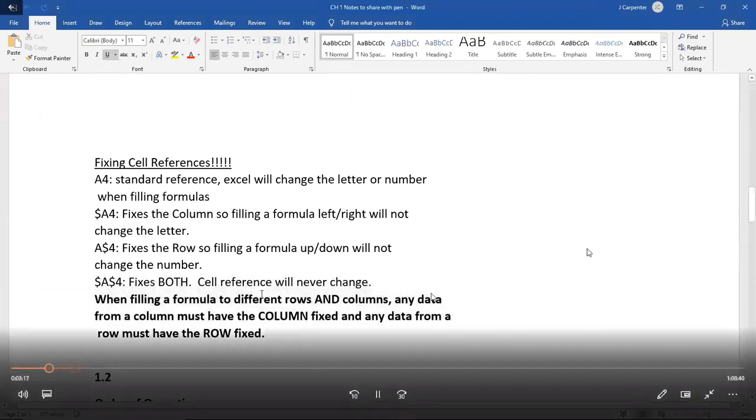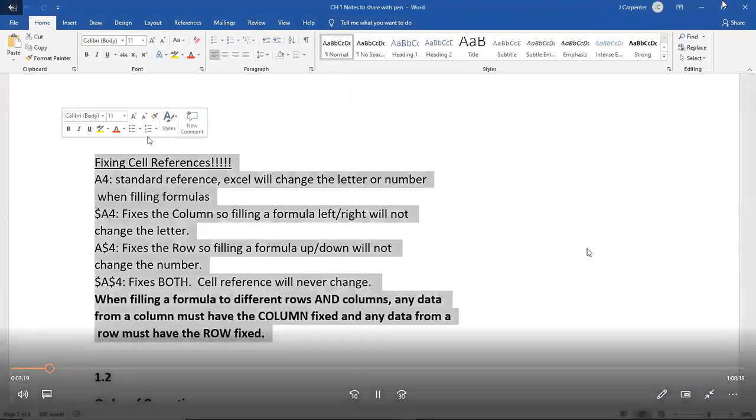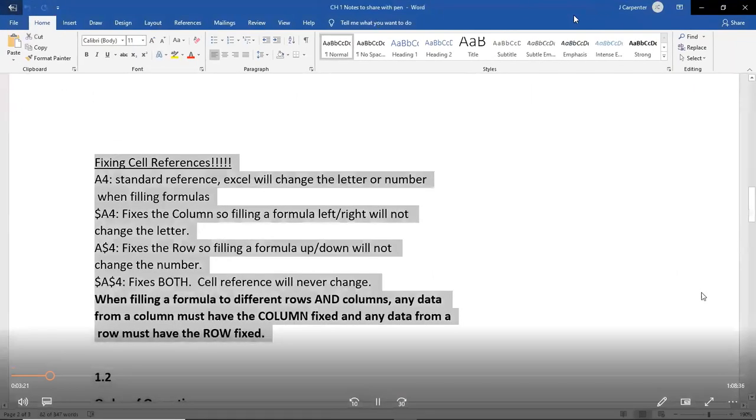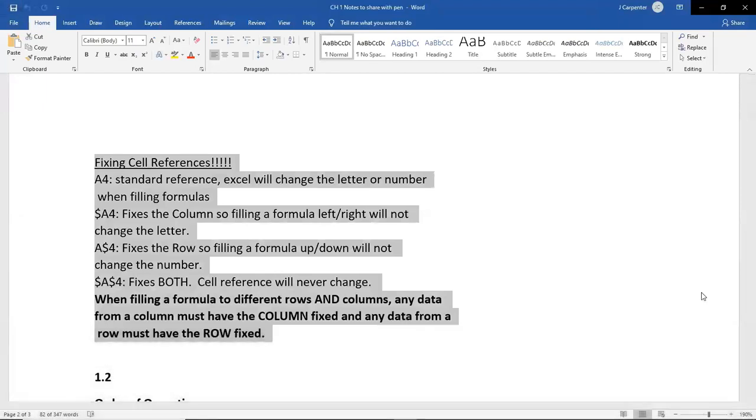And that review is this right here, something that we saw in that $1,000 TV loan problem we were working on, that we needed fixed cell references for that one.